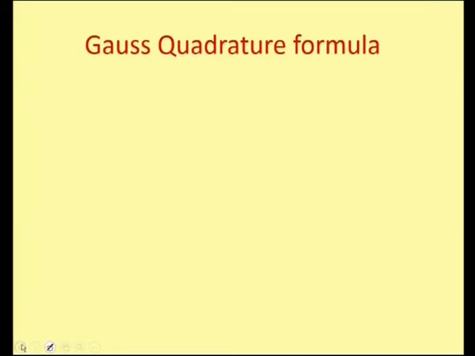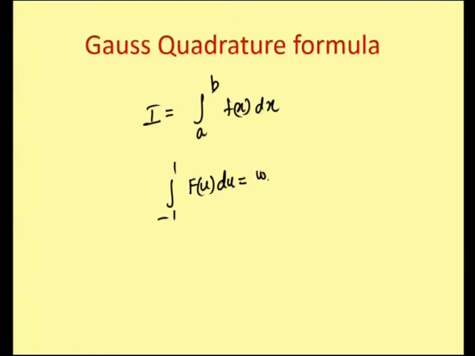Actually, it is derived from the general formula for evaluating the integral I is equal to integral a to b f of x dx. Okay. And the Gauss formula for a special interval -1 to 1, integral f of u du is equal to w1 f of u1 plus w2 f of u2 plus etc. plus wn f of un.